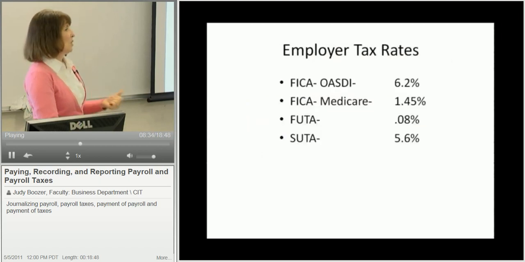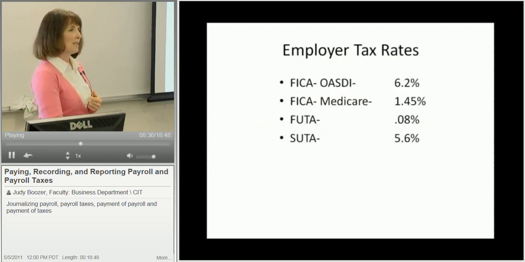Now, let's quickly review these again from last time. FICA, OASDI, tax rate, 6.2% for employer. And the book will also have you do the same for employees. However, what is the current OASDI rate as of January 1st? 4.2%. So in actuality right now, we do not have to have 6.2% deducted from our checks, only 4.2%.